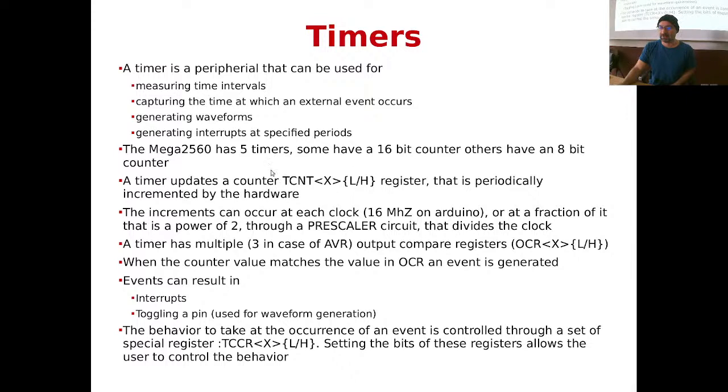And given that this value can be 16-bit as well, you have 2 registers, the lower and the upper. So you have the lower 8 bits and the higher 8 bits. If you have a register which is 16 bits and you want to access all 16 bits as a uint16 value, then you write to count A. If you want to access only the lower 8 bits, then you write to count AL.